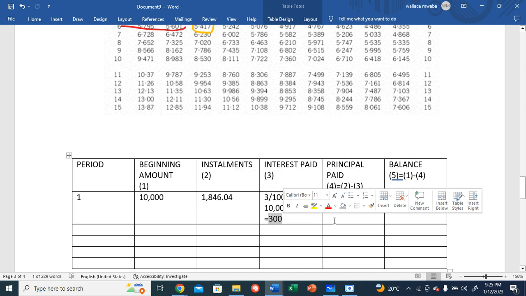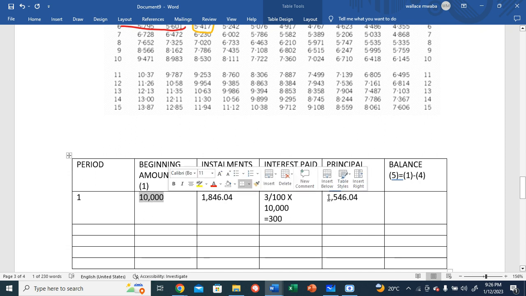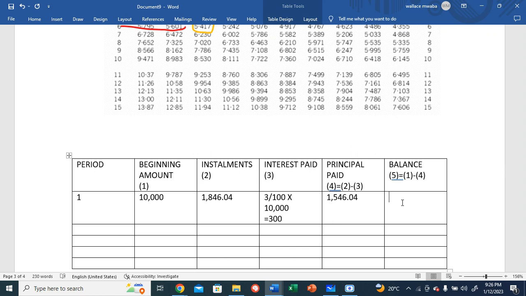1846.04 minus 300, we get 1,546.04. In the balance, we're going to say 10,000 minus 1,546.04, we get 8,453.96.